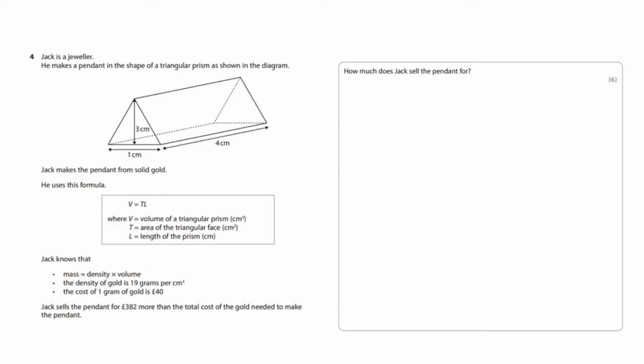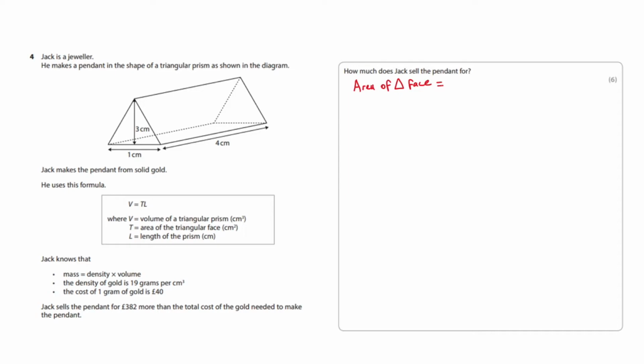The first thing we have to work out is the area of the triangular face. Remember, the area of a triangle is worked out the same way as the area of a square, but you divide it by 2. So the area of the triangular face equals the base times the height divided by 2.